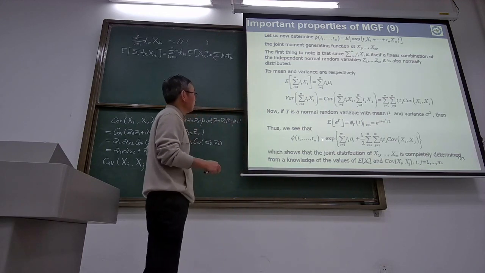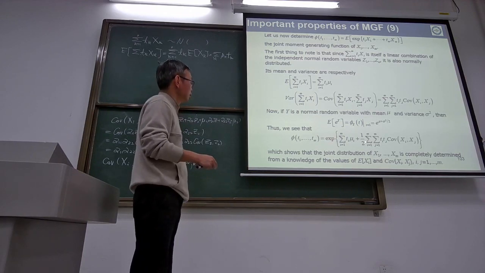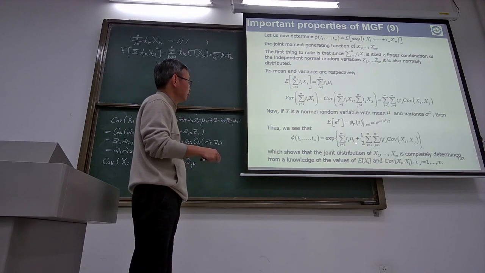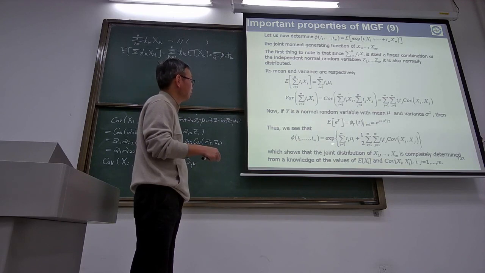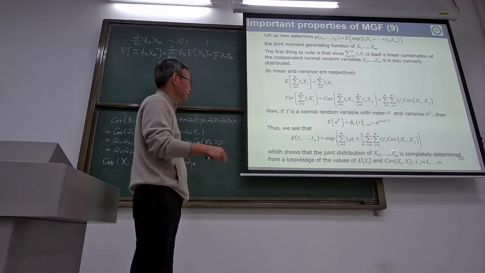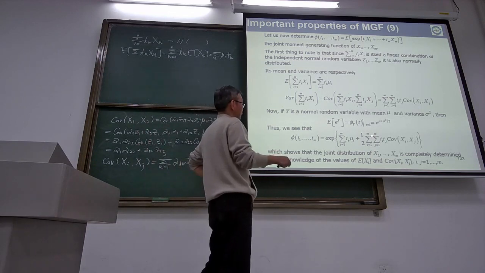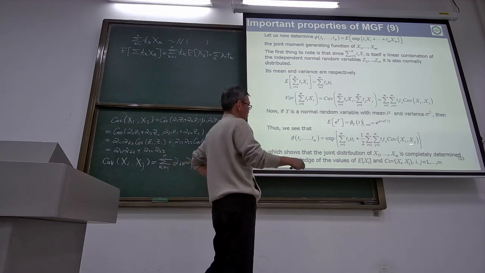We see that the moment generating function of t1 to tm is given by this, the same as this one, but this is for the multivariate distribution.